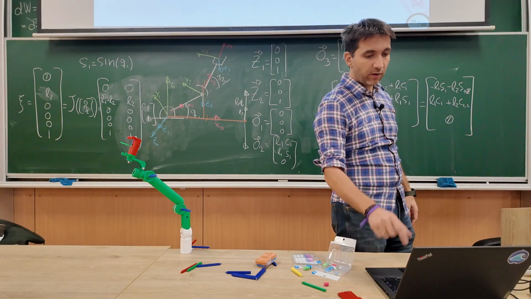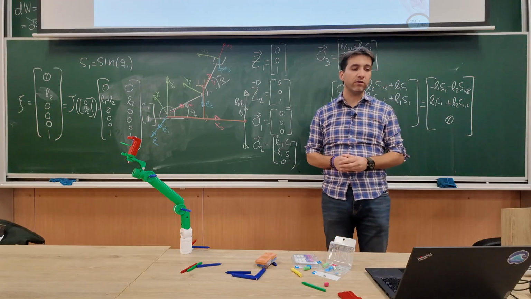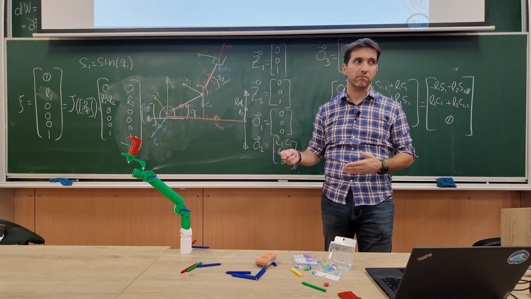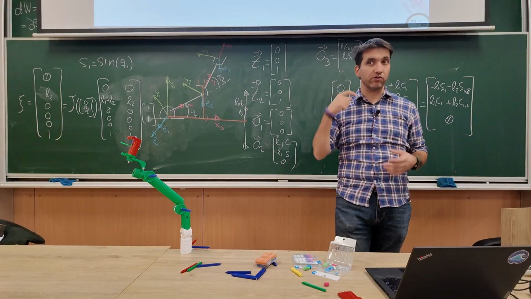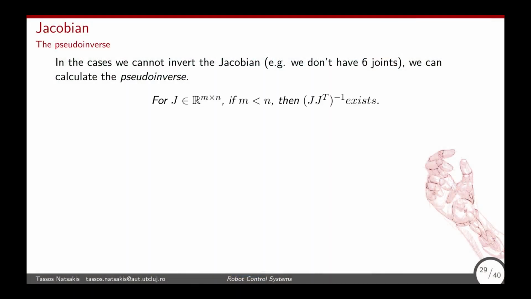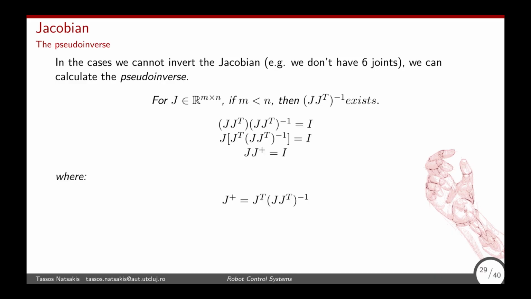But what I can do is calculate what we call the pseudo-inverse. So a matrix can have a pseudo-inverse even if it's not square, and we have the left and the right pseudo-inverse.